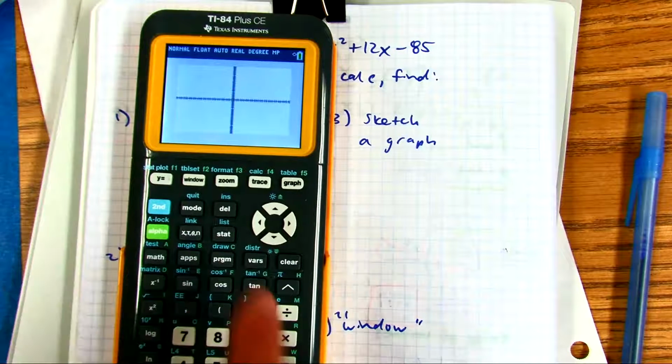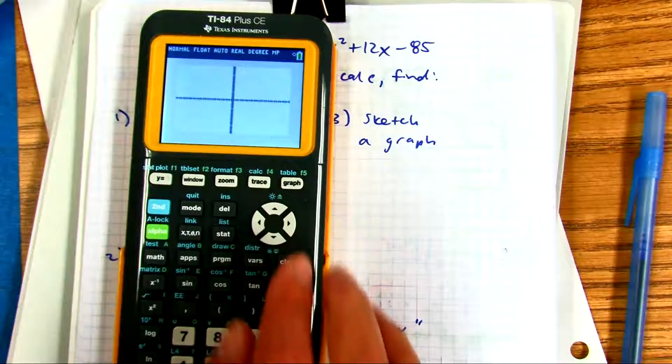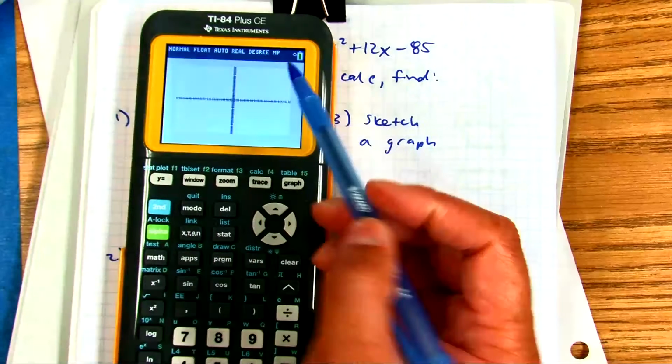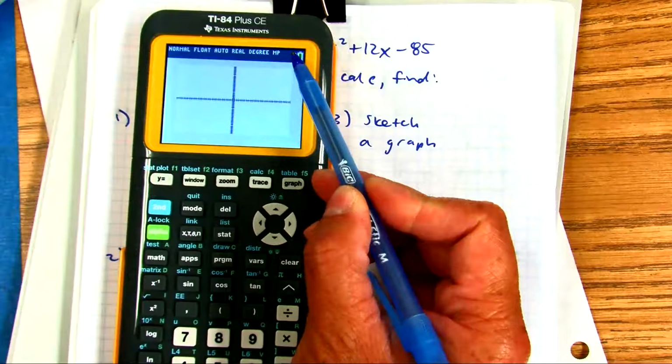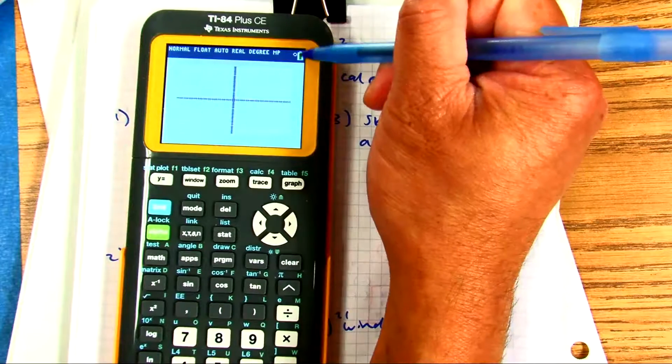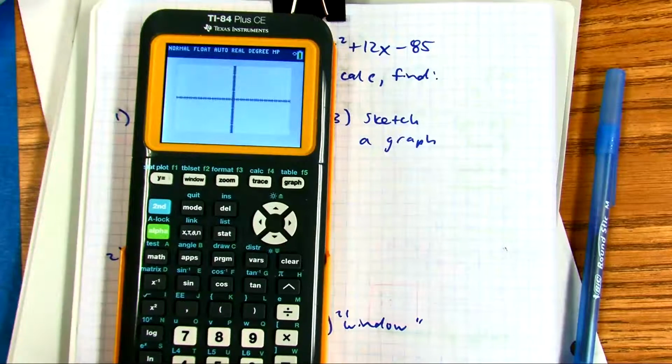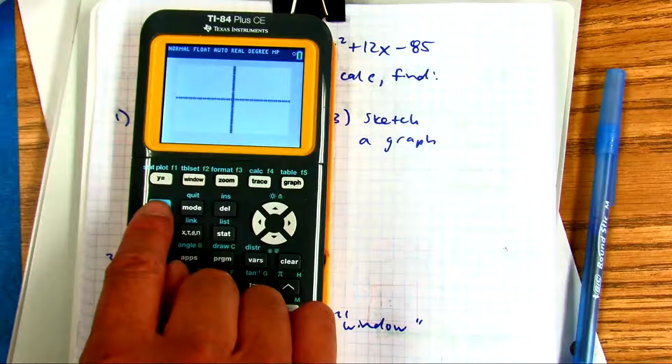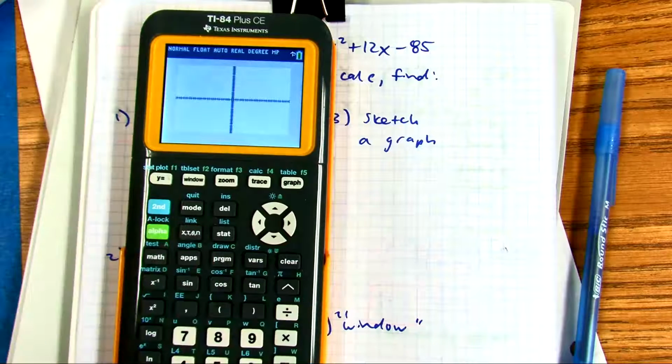Press zoom. Uh-oh, it's still thinking. If you see that window, the little circle spinning, it's thinking. And if you have an older calculator, you'll see dots on the side. We broke it, guys. Let's just turn it off, see what happens.